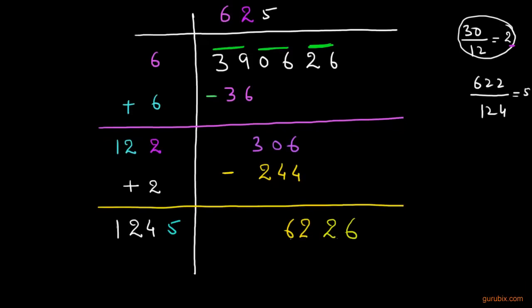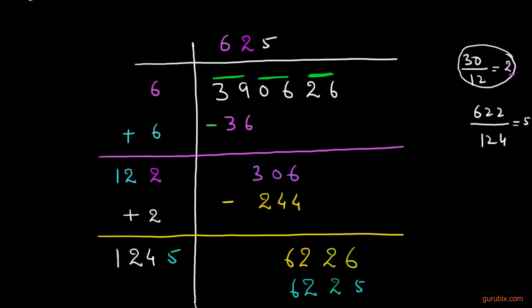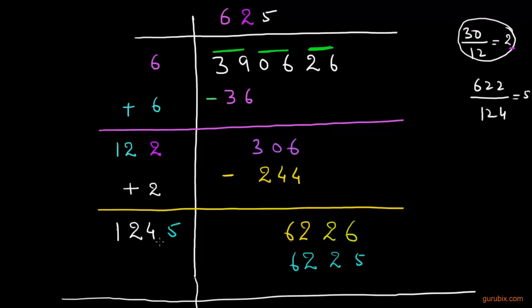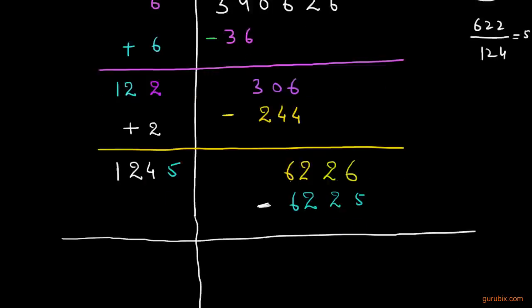Now we multiply this number 1245 with this digit 5, and we get 6225, and here is 6226. If we subtract 6225 from 6226, we get 1.